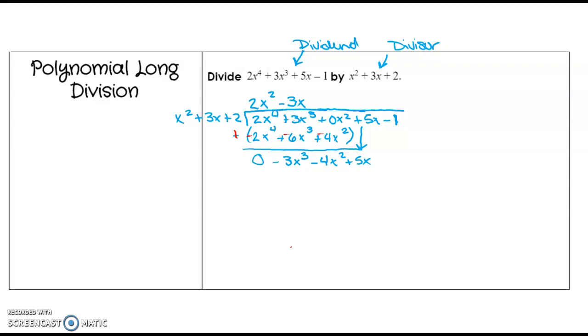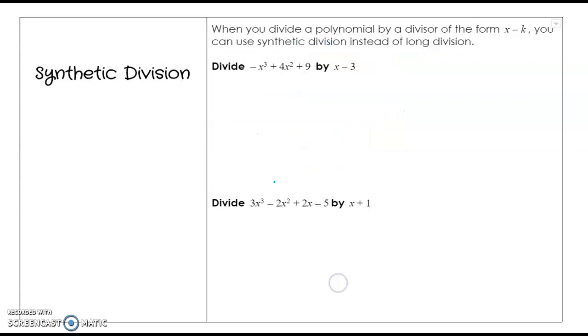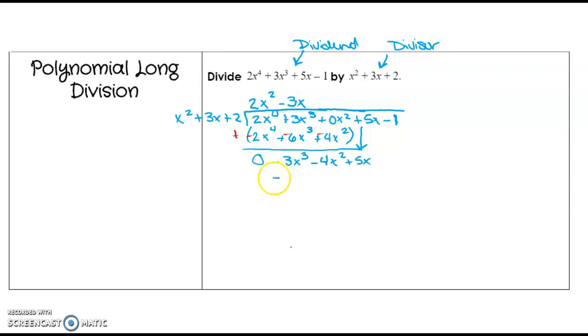So when I do that, I will get negative 3x cubed, and then negative 3x times 3x is going to give me negative 9x squared, and then negative 3x times 2 is going to give me negative 6x.